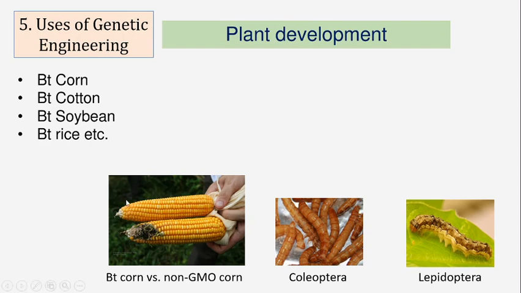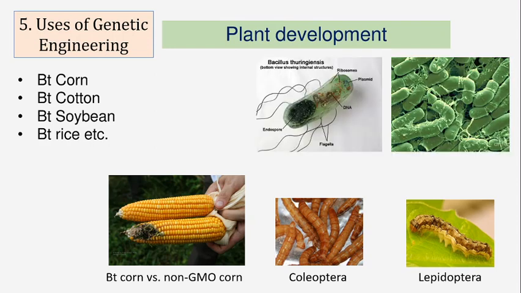So there are two prominent insect orders that attack corn plants, make them weaker and damage the plant, but they cannot attack the BT corn. So why can they not attack BT corn? Because BT corn is a transgenic or GMO plant, which is produced by transferring toxic crystal protein genes from the Bacillus thuringiensis bacteria.